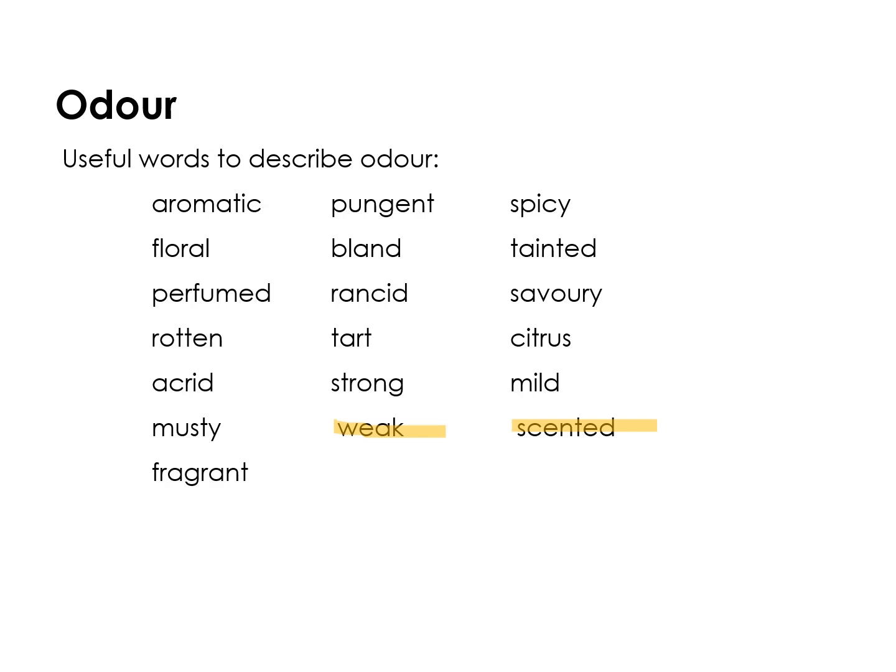Acrid, a harsh, irritating scent that can be sharp and biting, often found in burnt or charred foods. So when you say a strong smell or strong odor, a powerful scent that is easily noticeable and dominant, like a freshly brewed cup of coffee.